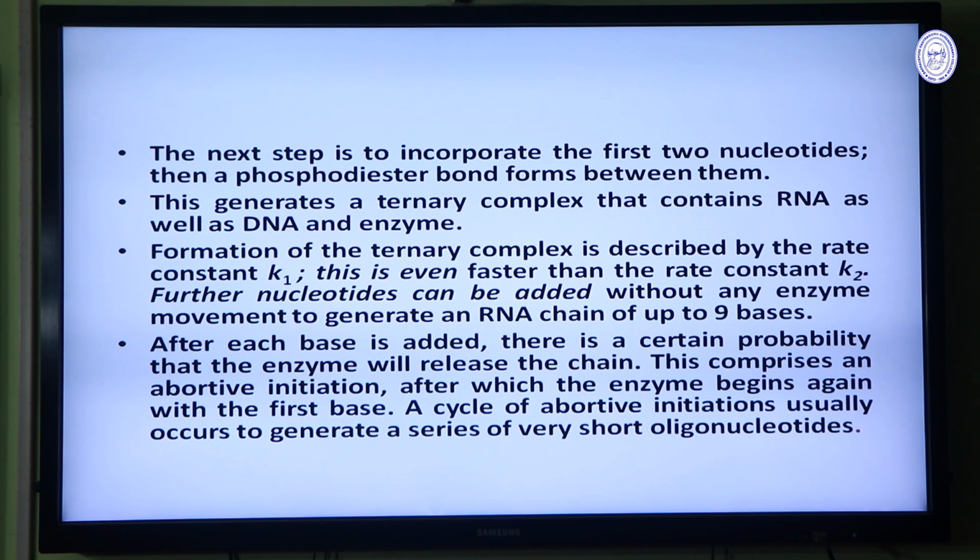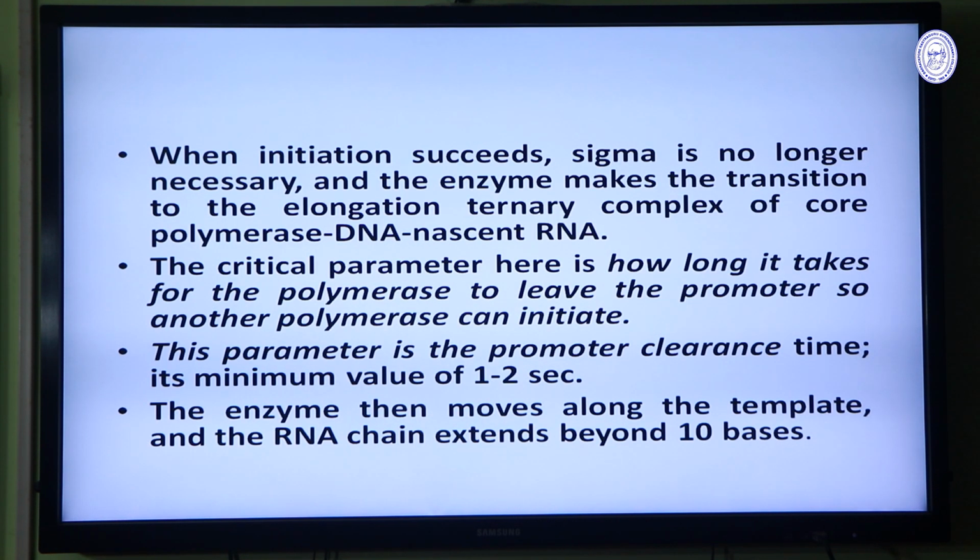Now, coming to the abortive initiation, after each base is added, there is a certain probability that the enzyme will release the chain. This comprises an abortive initiation, after which the enzyme begins again with the first base. A cycle of abortive initiation usually occurs to generate a series of very short oligonucleotides that has been very well demonstrated experimentally.